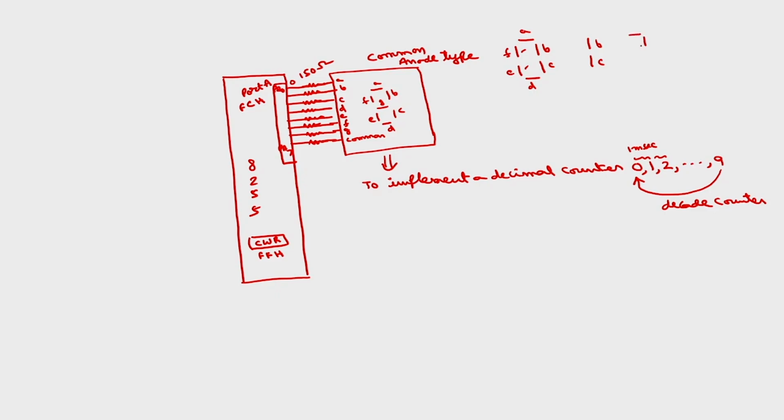So I want to display 2 like this. So what are the segments? A, B, D, E, G. 3 I want to display like this. 4, 5, 6.